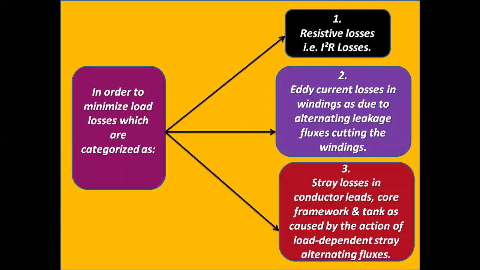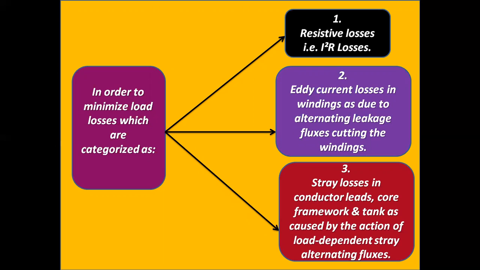In order to minimize load losses, which are categorized as: one, resistive losses, that is I square R losses. Number two, eddy current losses in windings due to alternating leakage fluxes cutting the windings.